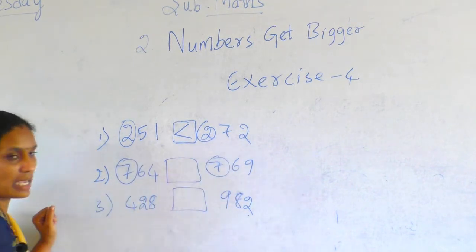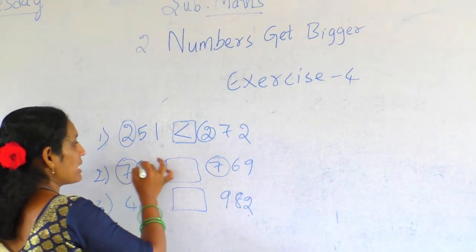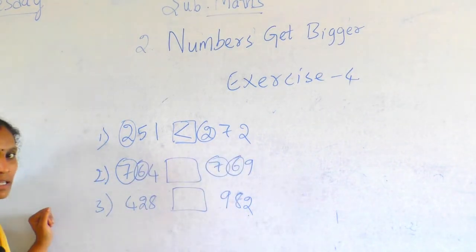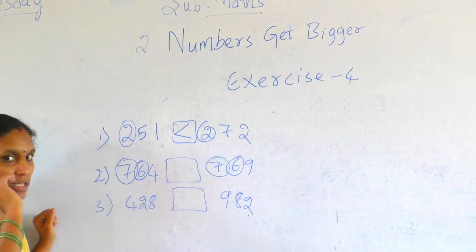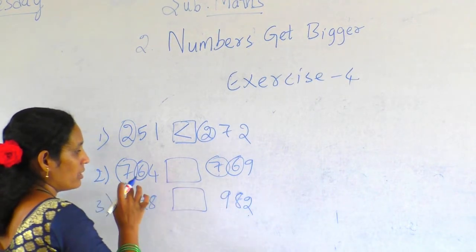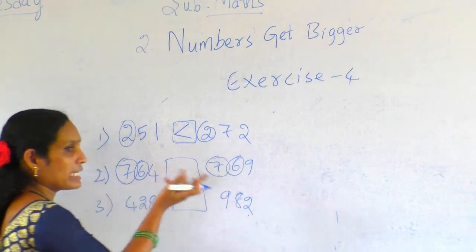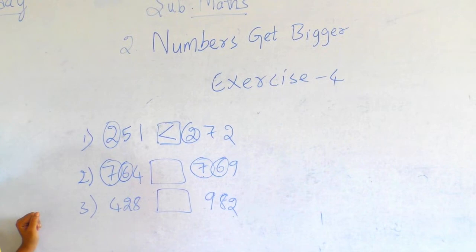Next, the hundreds place is the same in both numbers, 7 and 7. Listen carefully. Again 6 and 6 in the tens places are also the same.